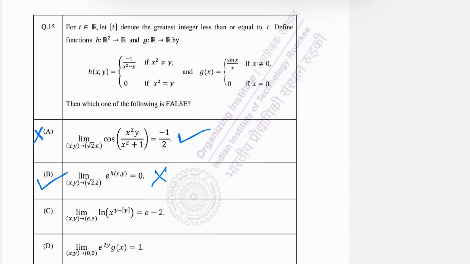So option C is here, and in option C we have the limit as x comma y tends to e comma e of ln x to the power y minus the greatest integer of the number y.